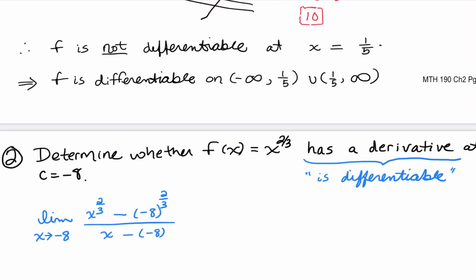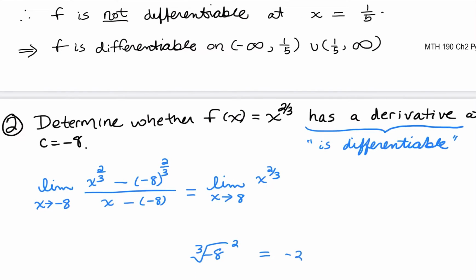Okay, let's do a little bit of simplifying. If you think about -8 to the 2/3, that's like the cube root of -8 squared. So the cube root of -8 is -2, and then when you square that, you get 4. So this is going to be x to the 2/3 minus 4 all over x plus 8.